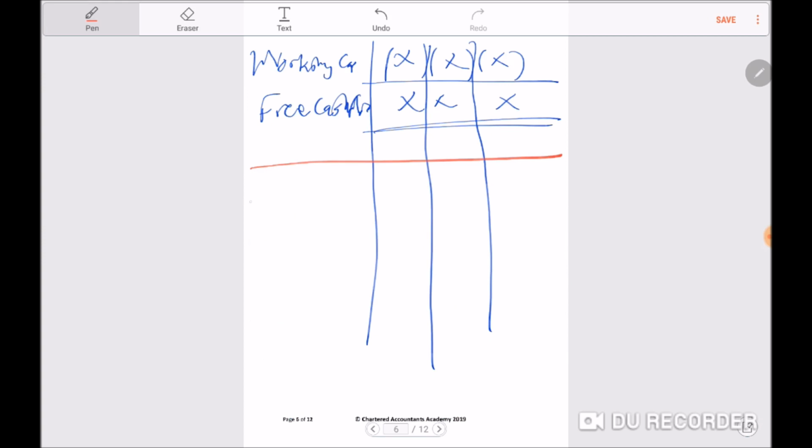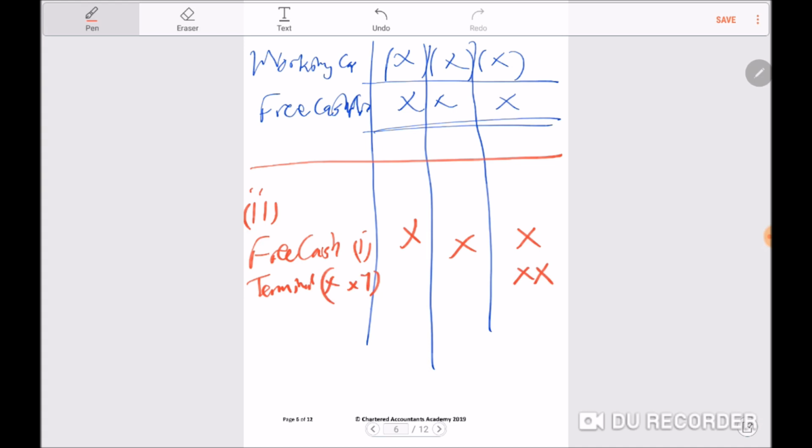So this is now the second required. So the second required, we just start from the free cash flow is per 1, and they were x. And then our terminal value, we say it is going to be x multiplied by 7, right? And then we put our terminal value here. Is there any other adjustment?